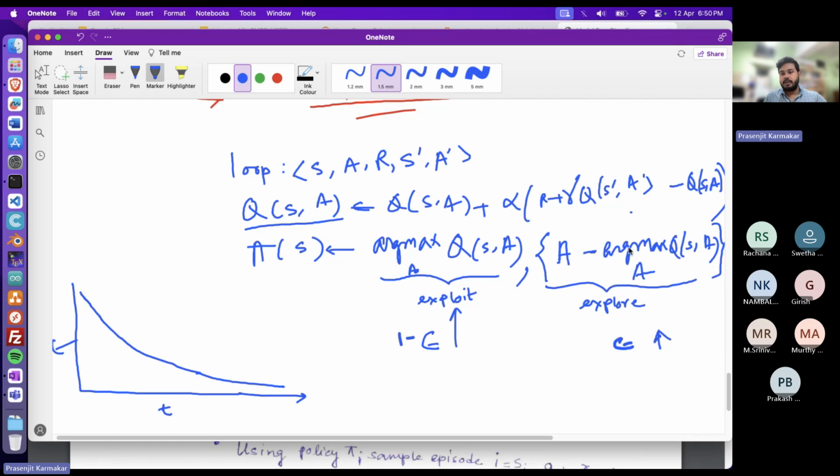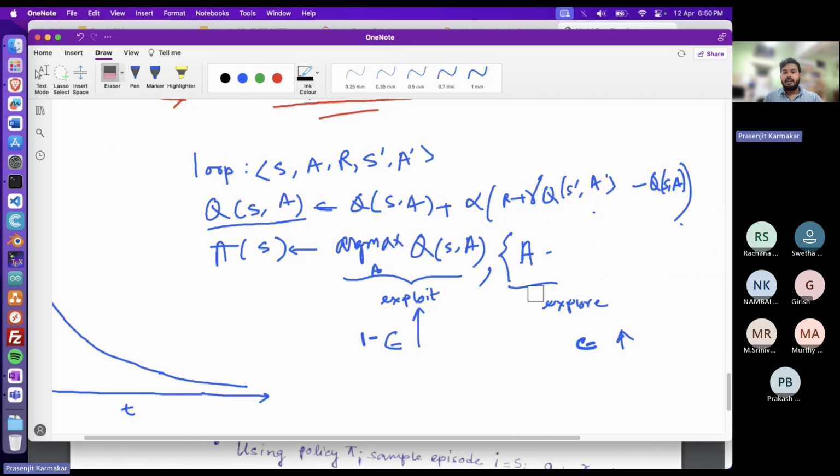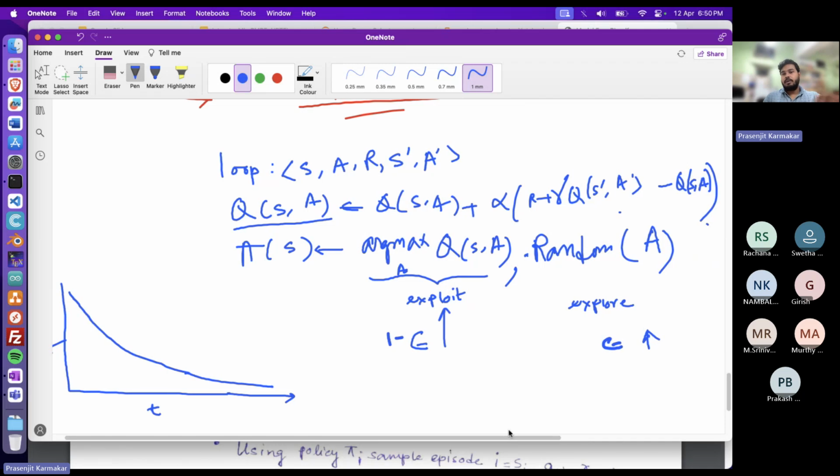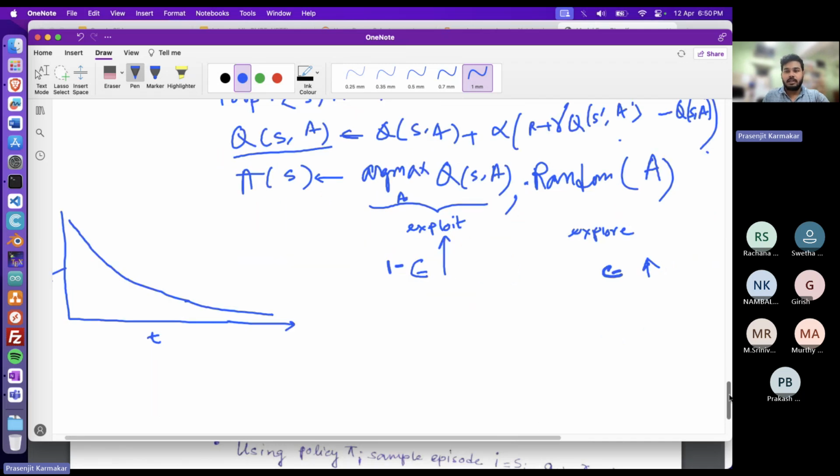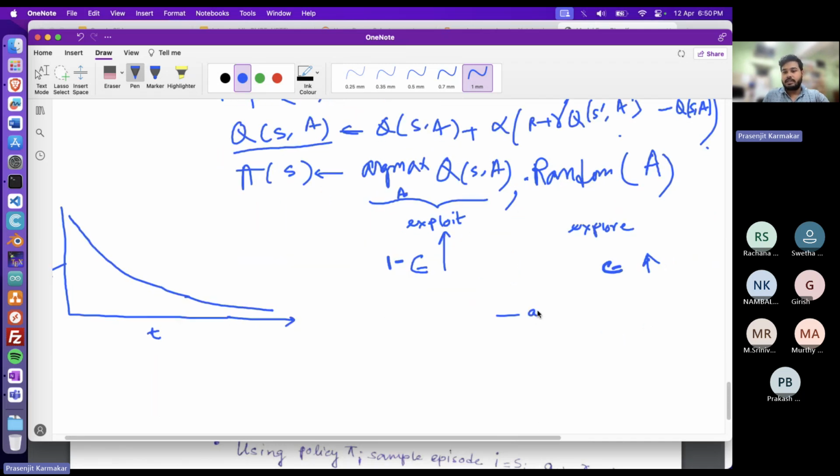Or to simplify this, we can also consider not the set minus, and just take any action randomly from A. Basically, the exploration part is take random from A. This can also work. So now the probability mass is distributed like this. Let's say there are four actions: A1, A2, A3, A4.